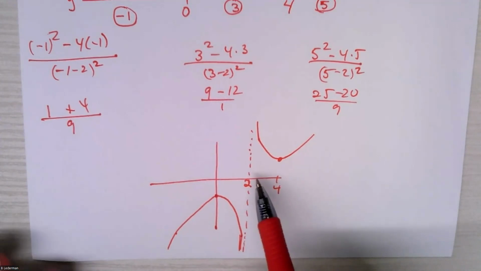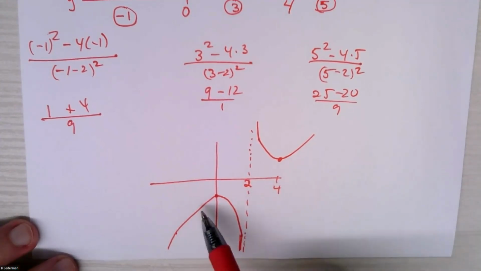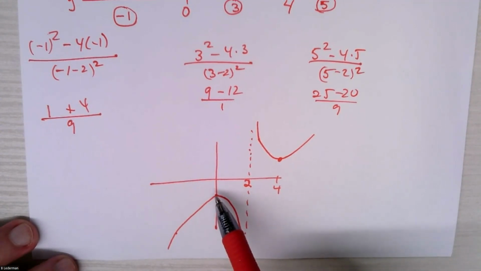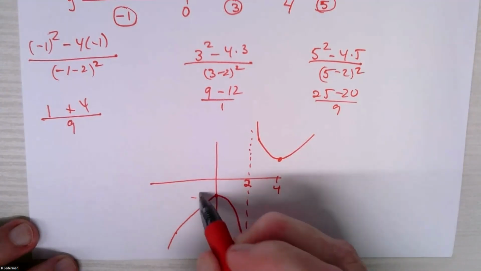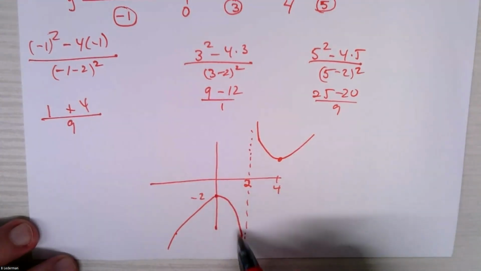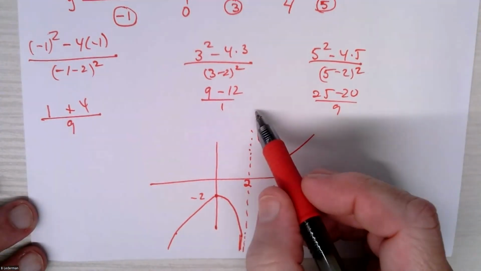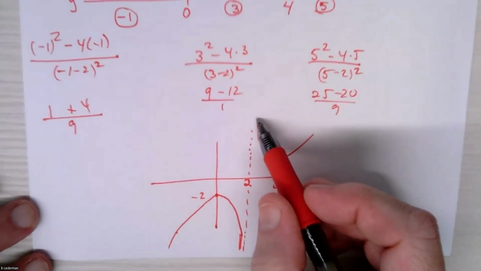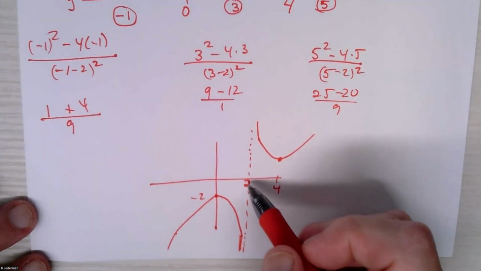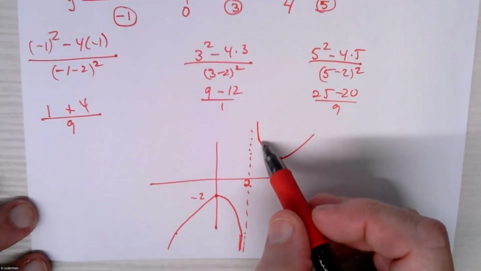We have the vertical asymptote when x equals 2. It's increasing here. It maxes out at (0, -2), and then it goes down to the vertical asymptote. Notice it's decreasing, and even though it jumps up on the other side of 2, it's still decreasing this whole way down.